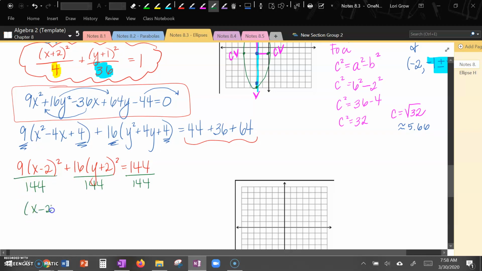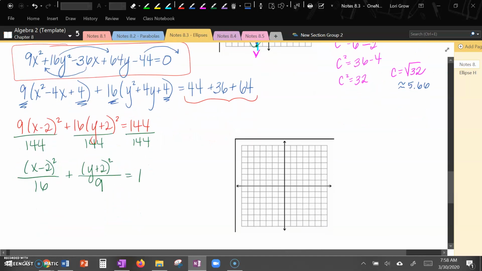And that leaves me with x minus 2 squared over 9 over 144 reduces to 1/16. y plus 2 squared, 144 divided by 16 is 1/9 equals 1.